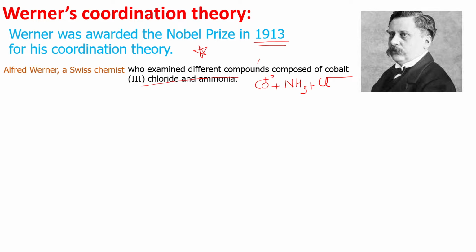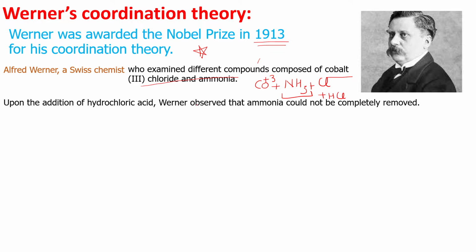He wanted to neutralize this ammonia by adding HCl, but he couldn't. He observed that upon addition of hydrochloric acid, ammonia could not be completely removed from his reaction mixture.